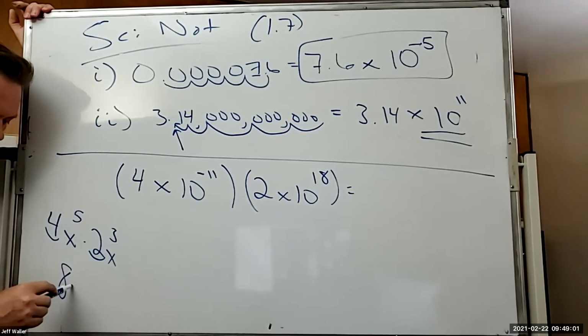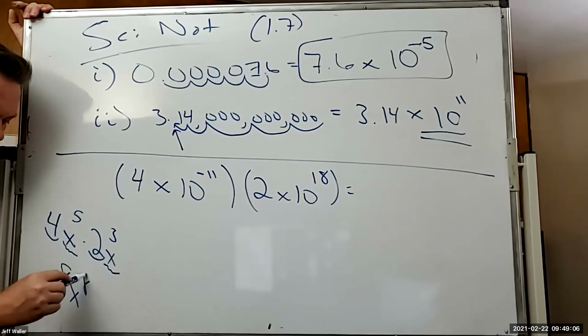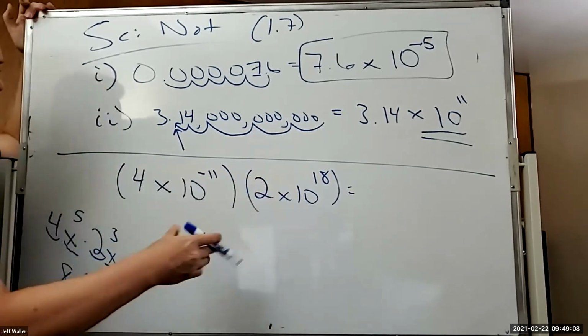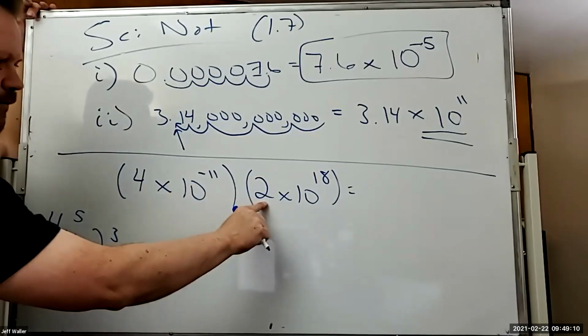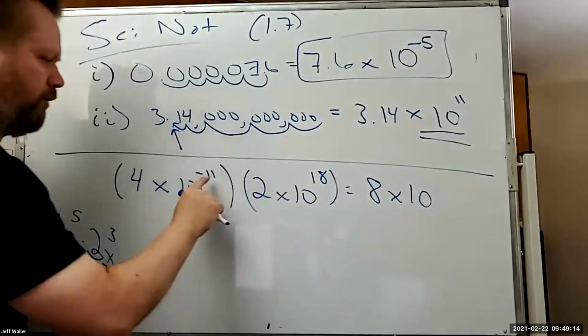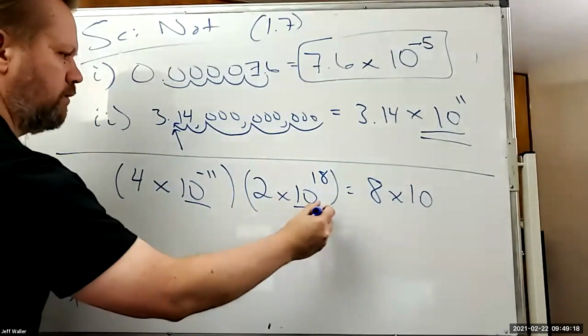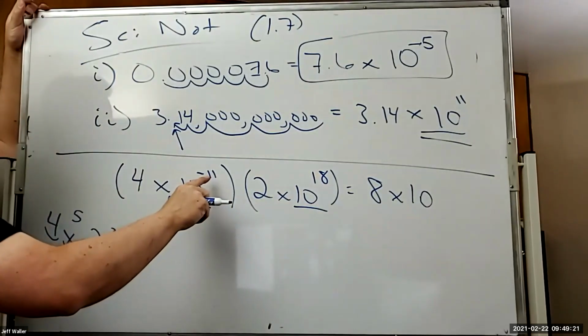And how many do I have for the x power? Good. So how do I do this the same way? 4 times 2 is 8 times 10 to the, what happens here? You subtract the 11 from the 18.